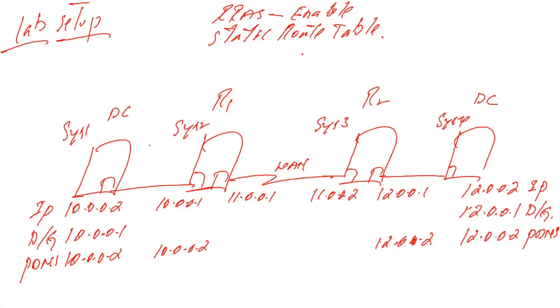Then write down, right click on system name SYS2. Then write down the next line, click on configure and enable routing and remote access.